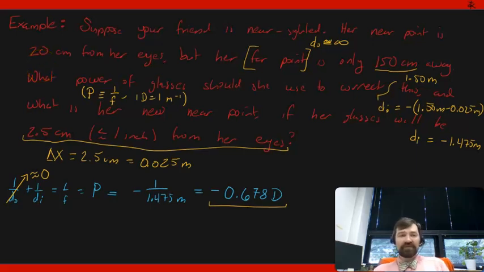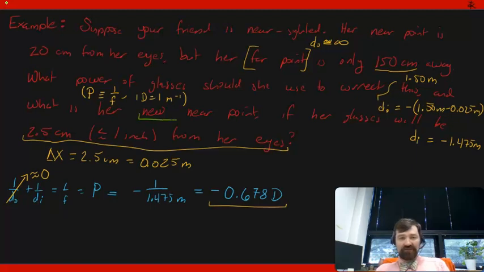Now the other part of this problem is talking about what if we want to know where this thing is being imaged to if it is her near point. In other words, the second part would be what is her new near point.